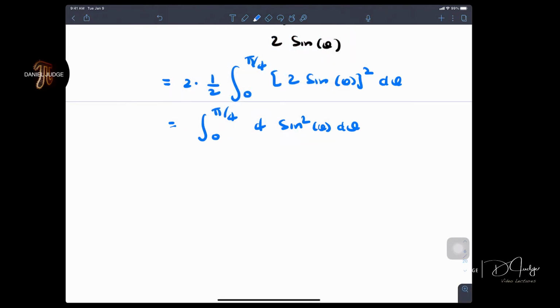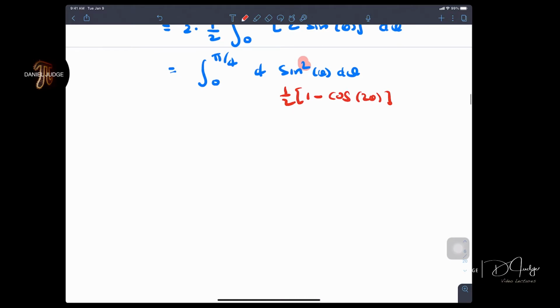We're going to use our power reducing formula. This becomes 1/2 times 1 minus cosine double theta, and that replaces my sine squared theta here.